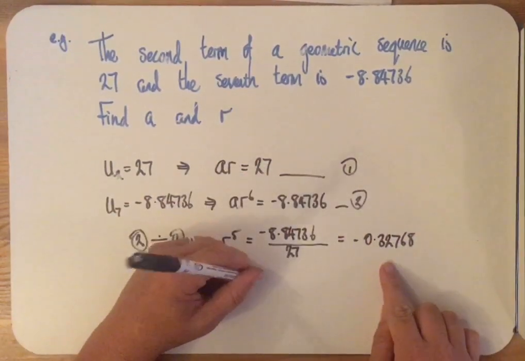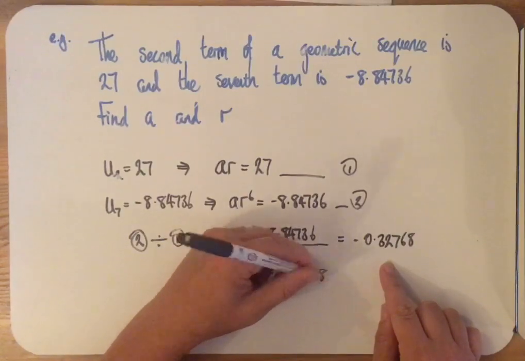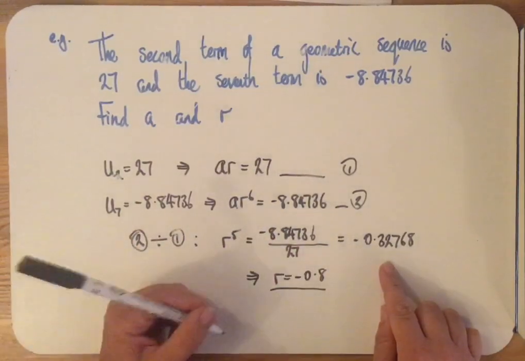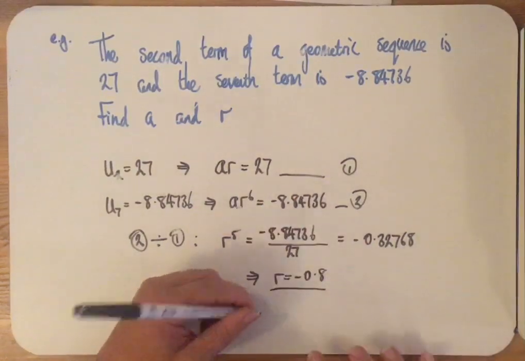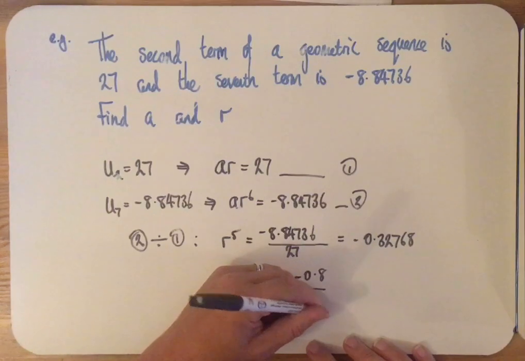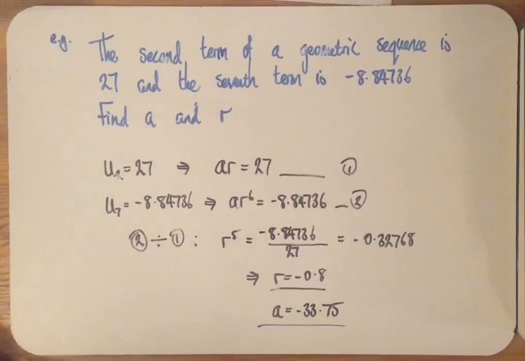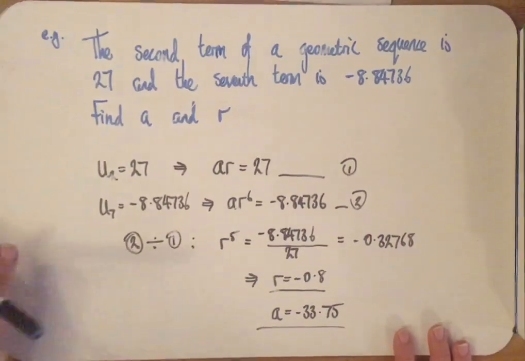If you take the 5th root of that, you get r is negative 0.8. And if you put negative 0.8 into here, you get a is negative 33.75. So similar to the arithmetic ones, set them up, solve two simultaneous equations.